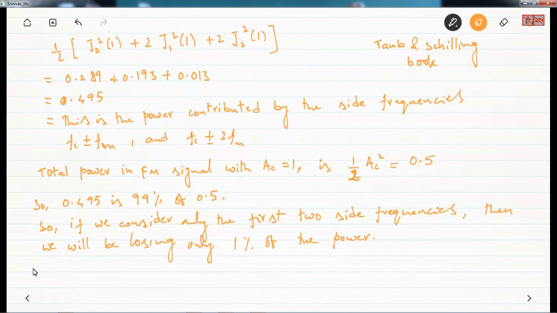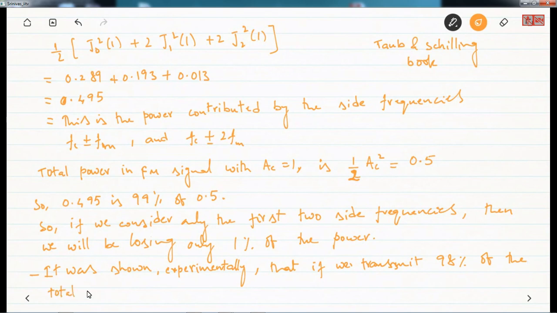And it was shown experimentally that if we transmit 98% of the total power, then the resulting distortion is tolerable.